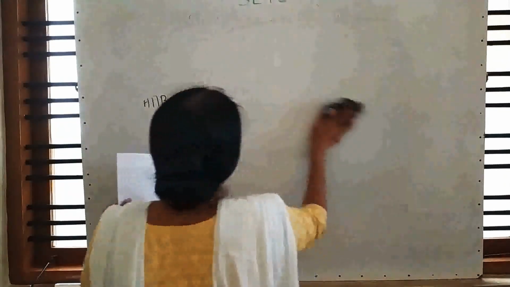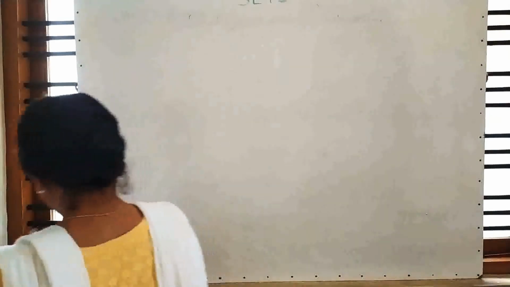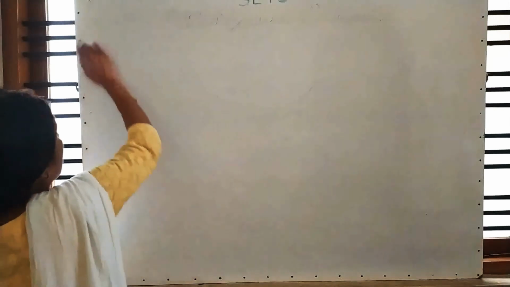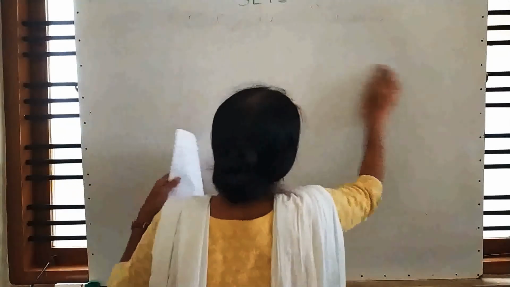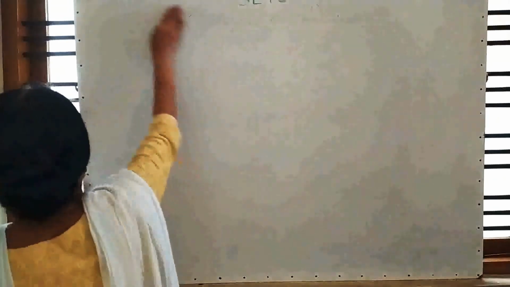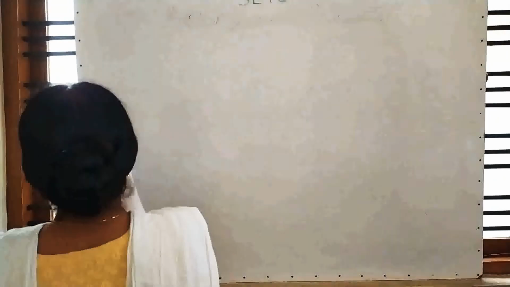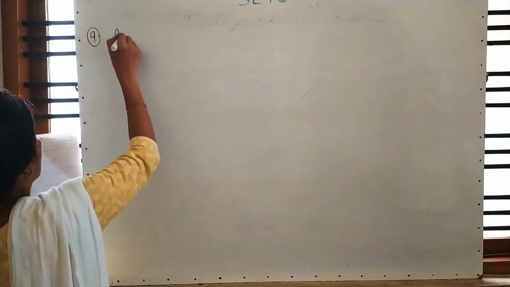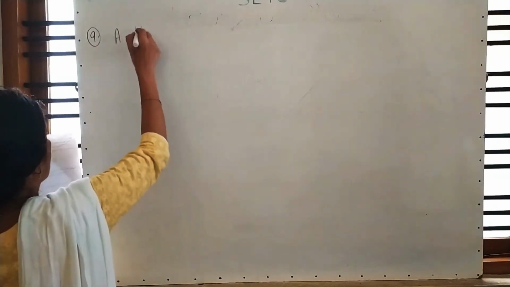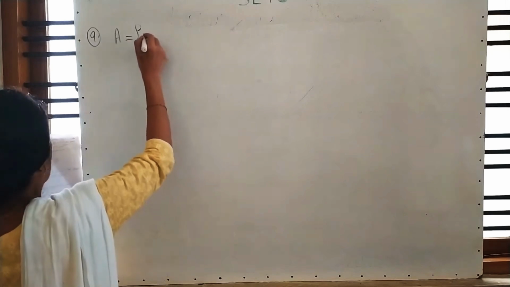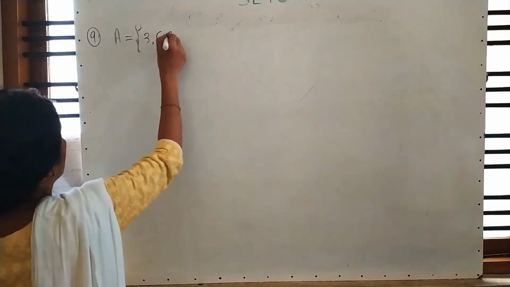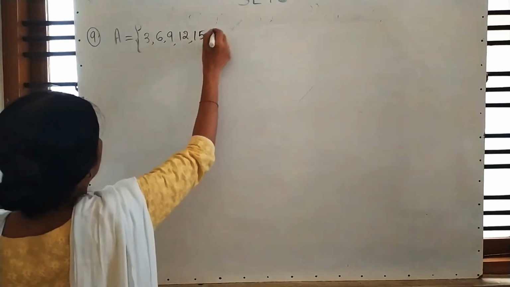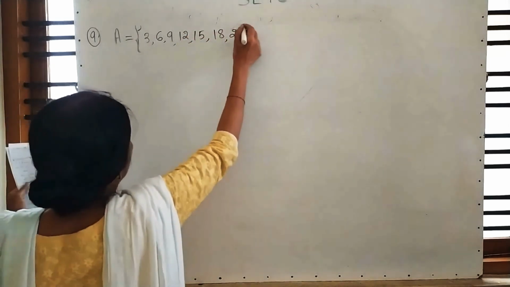For your reference, I will write the sets once again. Set A is given as 3, 6, 9, 12, 15, 18, 21.